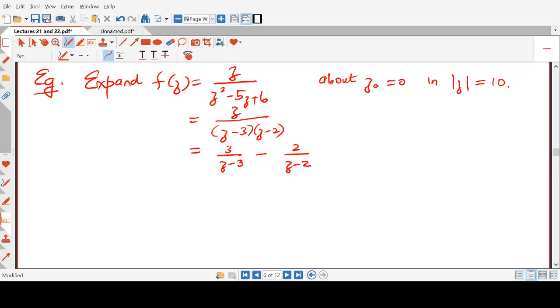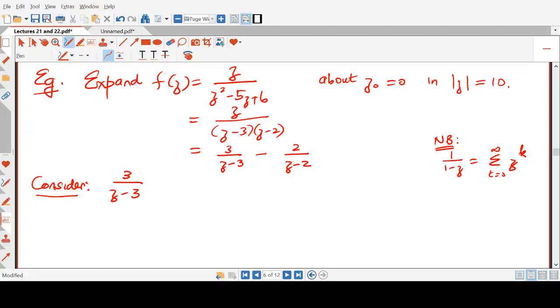So let's take the first one. You don't have to break it up in future, but let's do it step by step. 3 over z minus 3. Note, we have a formula for this. We have a formula for 1 over 1 minus z. It's sigma z to the k, right?